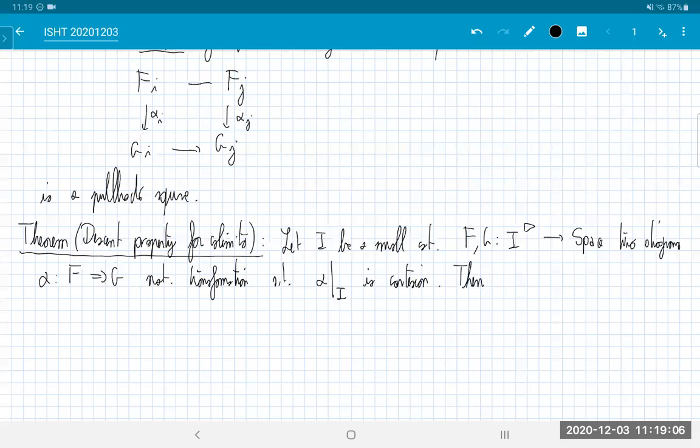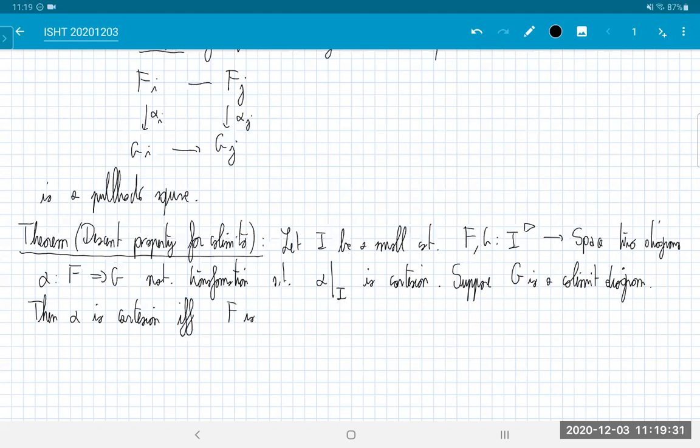Suppose also that G is a colimit diagram. Then alpha is Cartesian if and only if F is a colimit diagram.